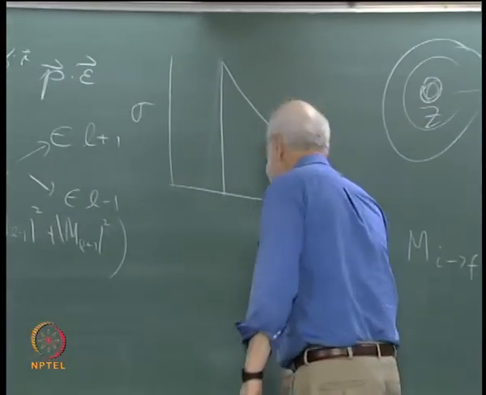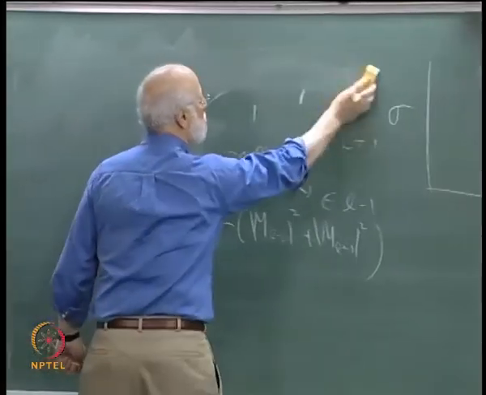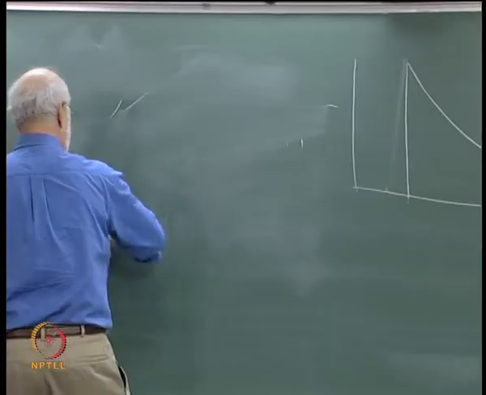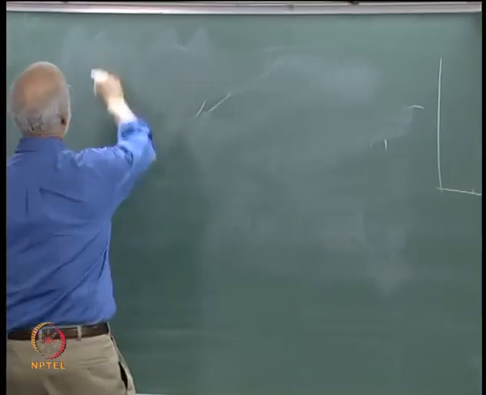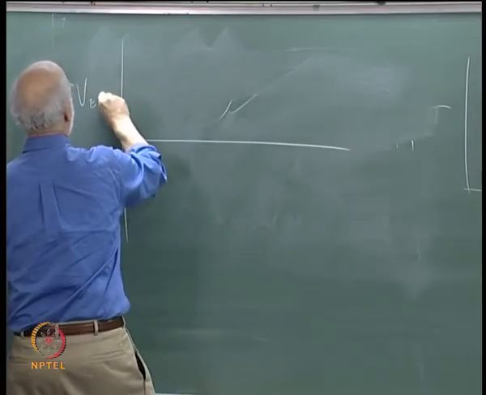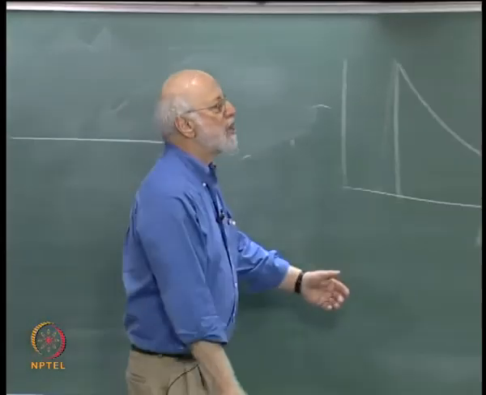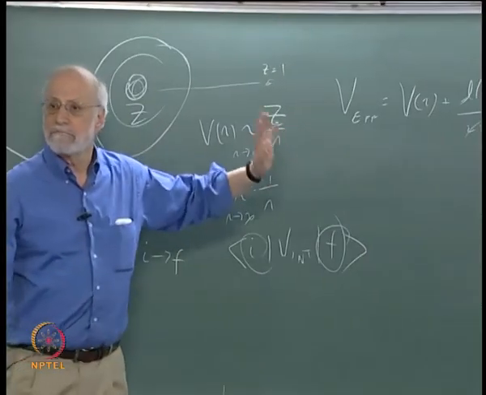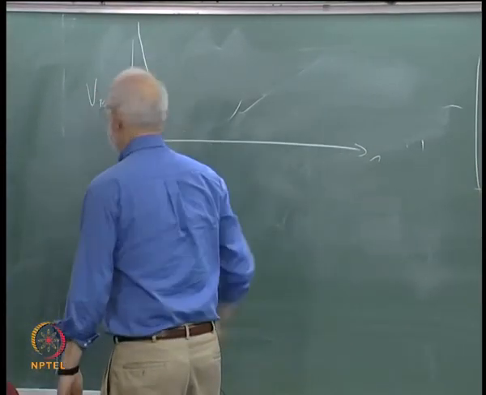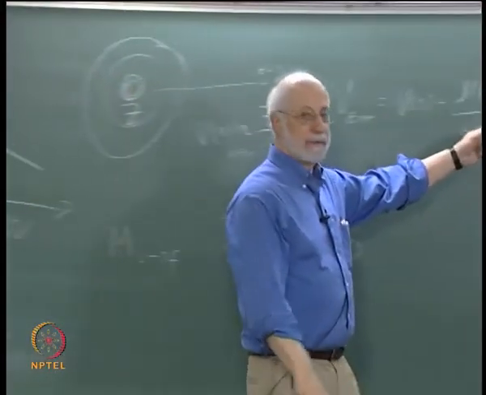So, what do we know? If I draw V effective versus R, we just showed, at least for non-zero L, you get something at small r which goes like this, because it was just this behavior.